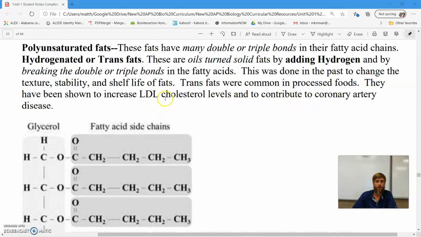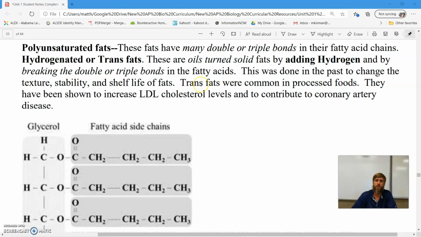So the LDLs, if you ever have a physical, LDLs you want to be low. HDLs, high-density lipoproteins, basically pick up junk in your bloodstream and move it along. But low-density lipoproteins just get stuck and contribute to coronary artery disease.